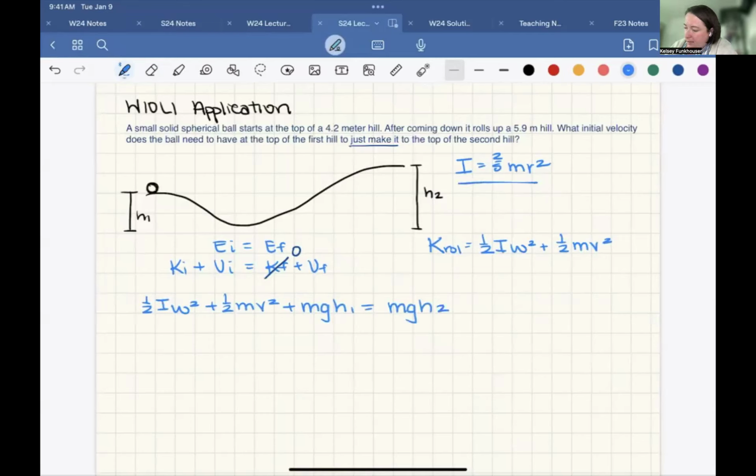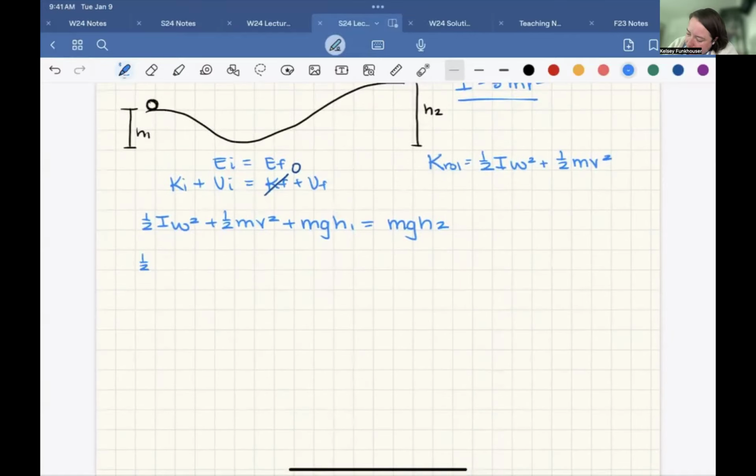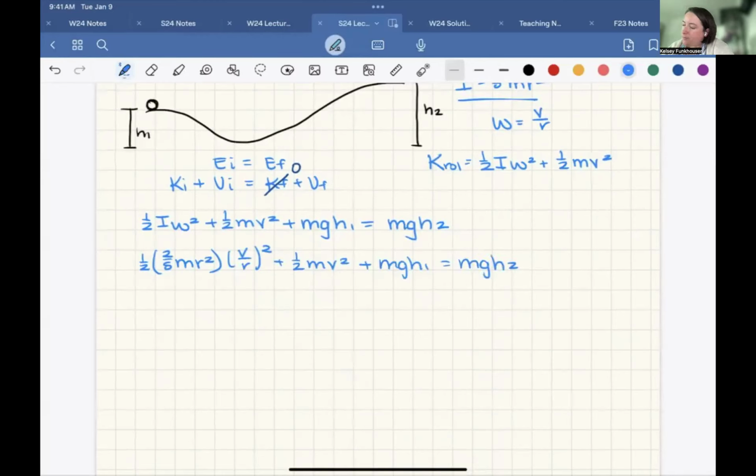Next up, let's plug in the rotational inertia. So 1/2 times 2/5 mr squared. I'm also going to plug in for the angular velocity. So angular velocity equals linear velocity divided by the radius. So v over r squared plus 1/2 mv squared plus mgh1 equals mgh2.